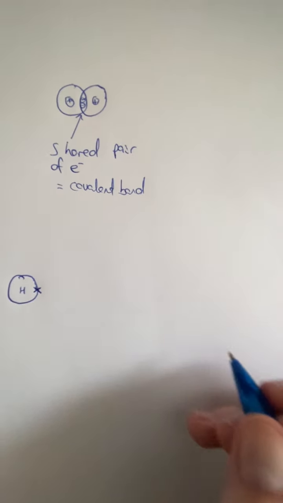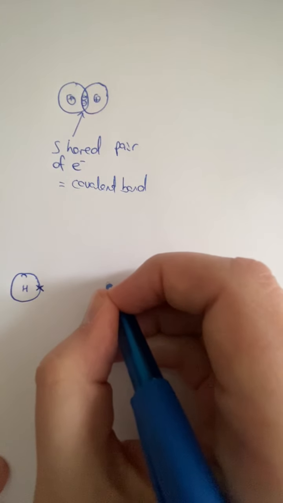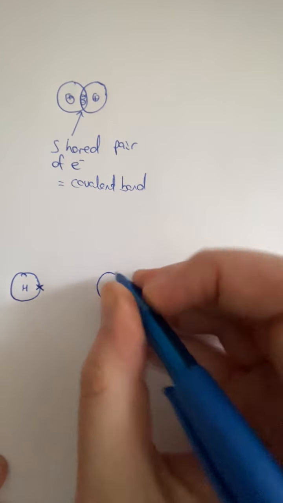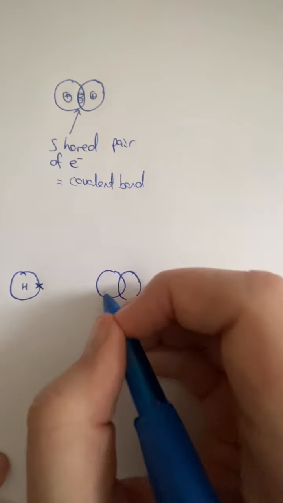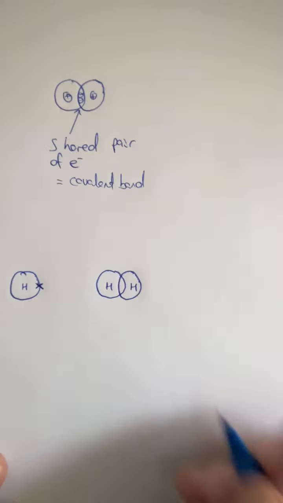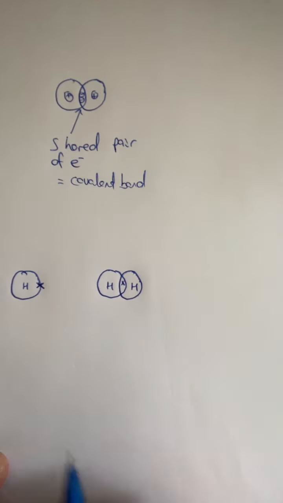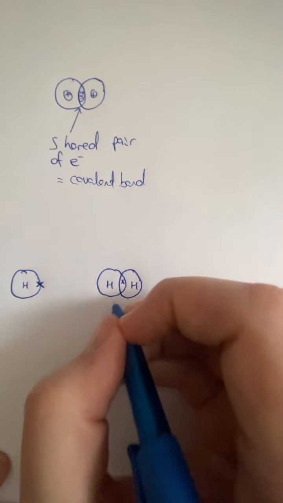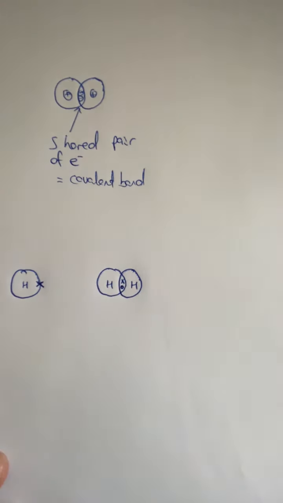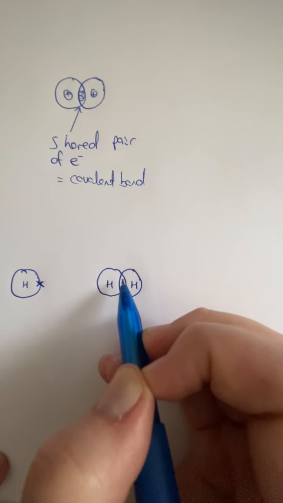So when we're drawing this, you have H here. We need to draw 2 together, because it is covalently bonded. Both of them are hydrogen, and you get 1 electron from here, and the other electron from your second atom. The way we draw that is with a dot and a cross.